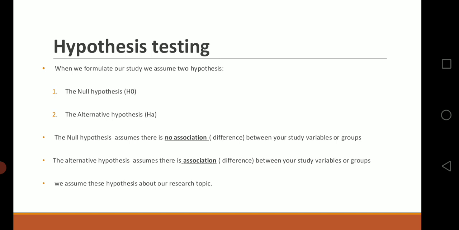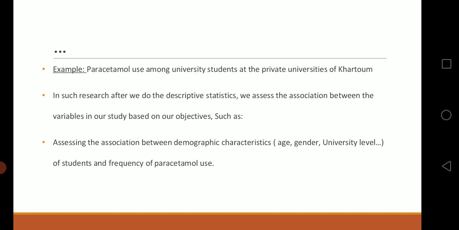So if we want to assume these hypotheses in our previous example, we go back. We said that we want to assess the association between demographic characteristics, for example the age, and the frequency of paracetamol use. In this case, the null hypothesis will assume that there is no association between age and frequency of paracetamol use.